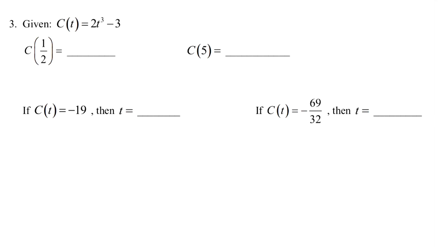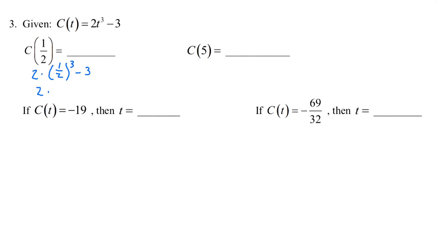All right, so let's use this next function. We have c of t is equal to 2t cubed minus 3. So that means we're going to have 2 times 1/2 cubed minus 3. Now, 1/2 cubed means 1/2 times 1/2 times 1/2.